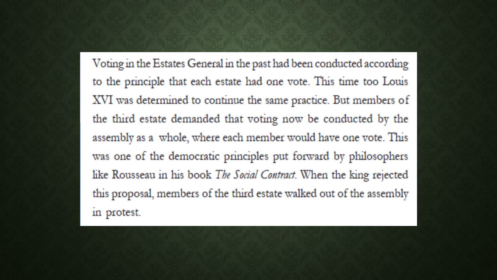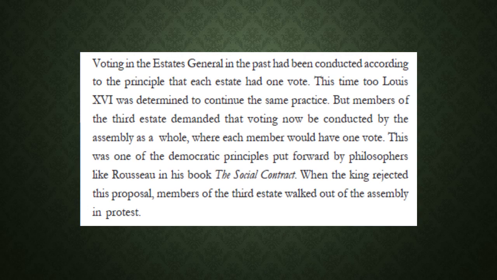In this part, we will discuss the voting system that prevailed in France. One vote for one estate was the system followed during the old regime. This system of voting was planned to be followed on 5th May 1789 by King Louis XVI in the Estates General Assembly.